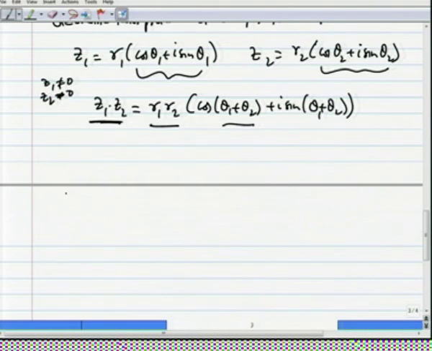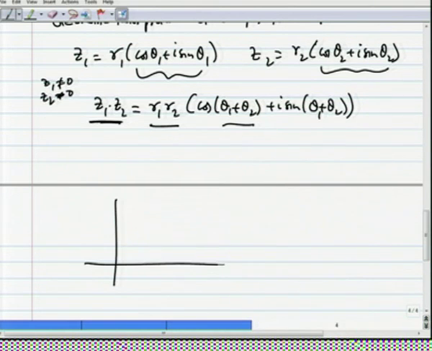Okay. So, the interpretation one can give is, let us take a simplistic picture. Suppose this is z 1, and it opens with an angle theta 1 from the positive x axis, and then suppose this is z 2 and it opens with an angle theta 2 from the positive x axis. Okay.